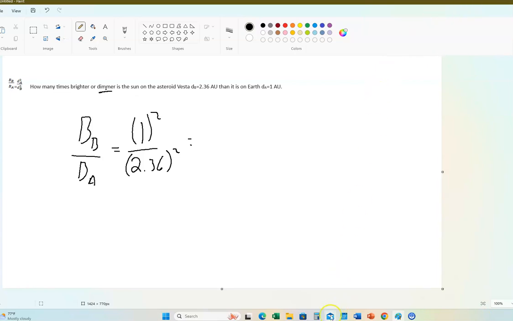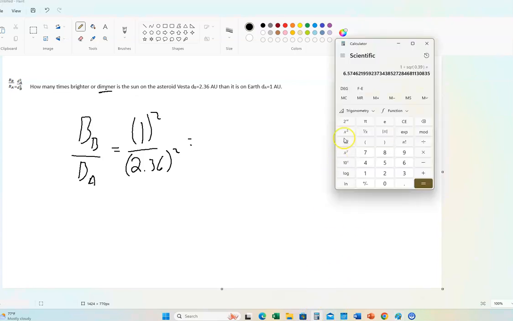Let's get my calculator. This was Mercury that we just did, so let's clear that. It's going to be 1 divided by 2.36 squared. It says to round to 2 places past the decimal.